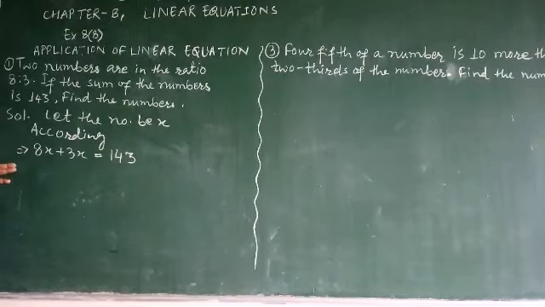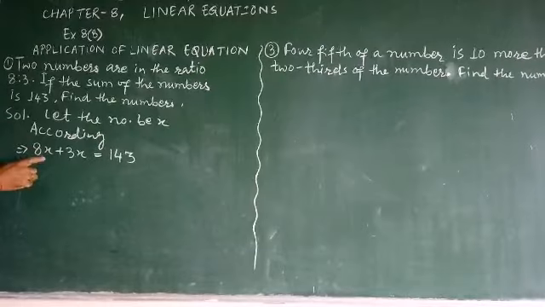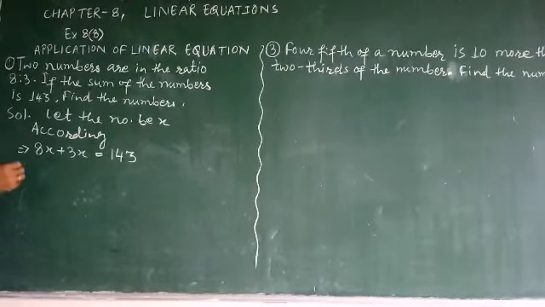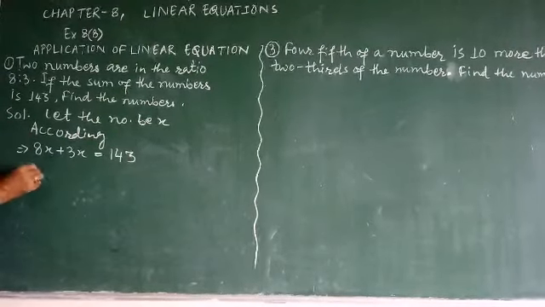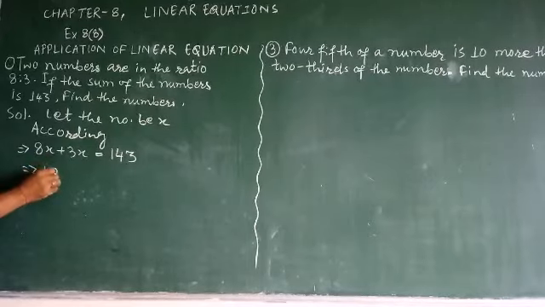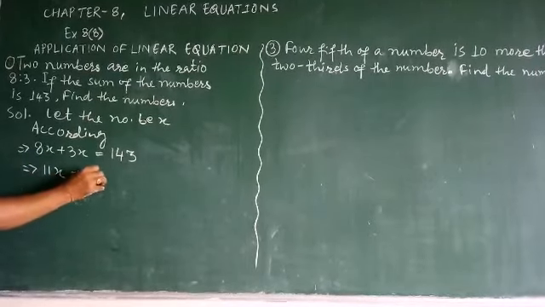Here the equation is set up so that we can find the value of x. 8 plus 3, that is 11x, is equal to 143.